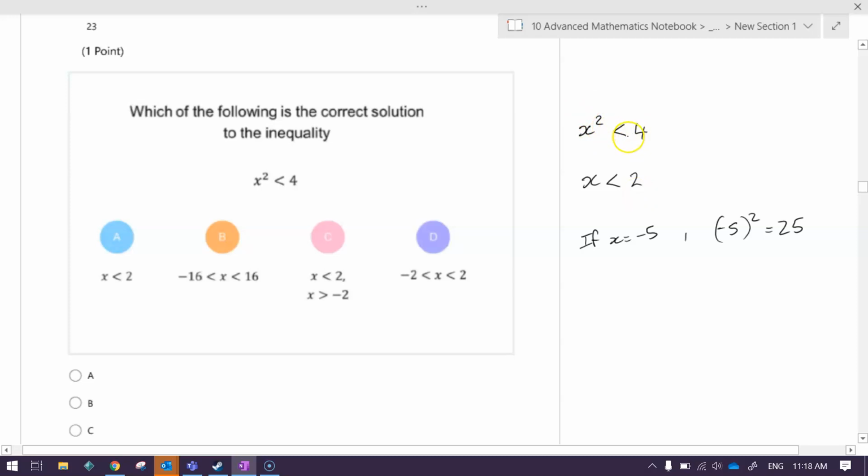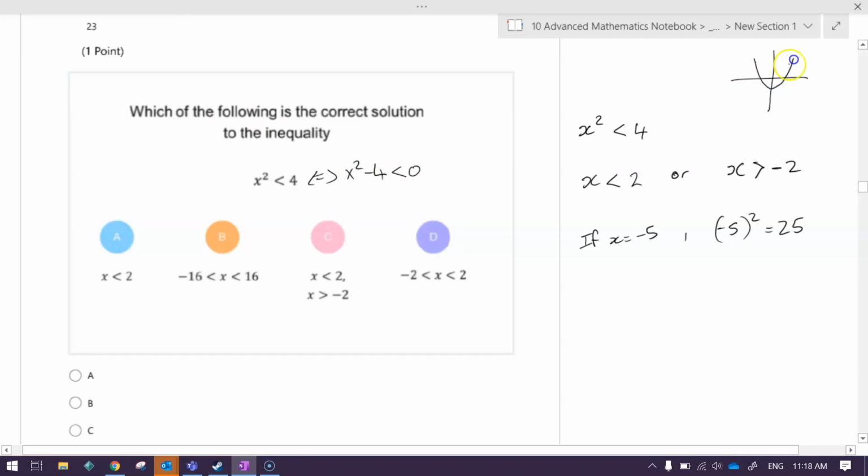X squared is less than 4. What I'm really saying here, where x is less than 2, I could also have negative x, x has to be greater than negative 2. If you think back to your parabolas, this is equivalent to saying x squared minus 4 is less than 0.